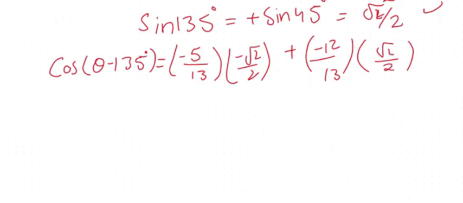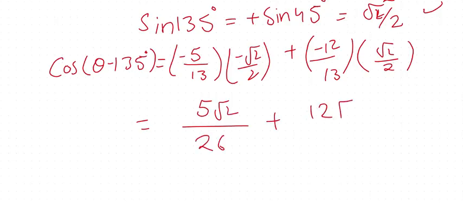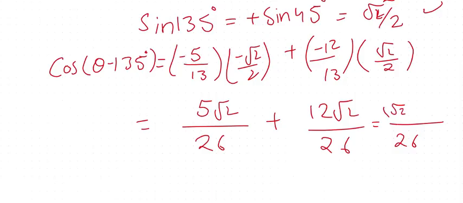We have 5 square root of 2 by 26 plus 12 square root of 2 by 26. So simplifying, you get 12 plus 5, 17 square root of 2 by 26, okay?